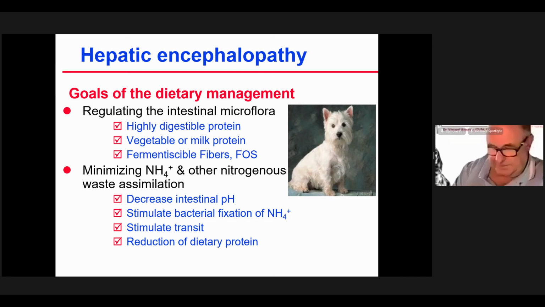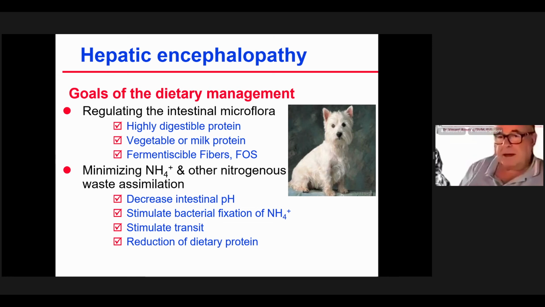We don't want too much protein, too much non-protein nitrogen getting into the hind gut, because there it can be fermented by the bacteria and will produce compounds that are toxic when not filtered by the kidney. We know that when we feed those animals a diet that is made mostly of vegetable or milk protein, then we decrease the clinical signs, and I will illustrate that on the next slide.